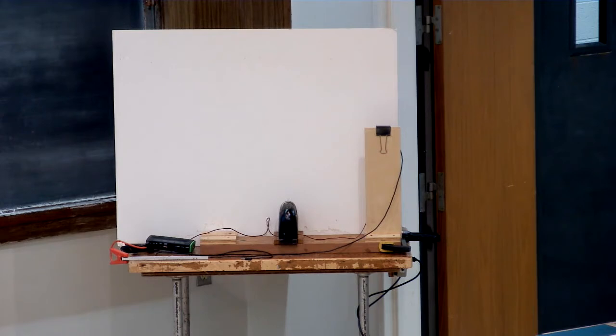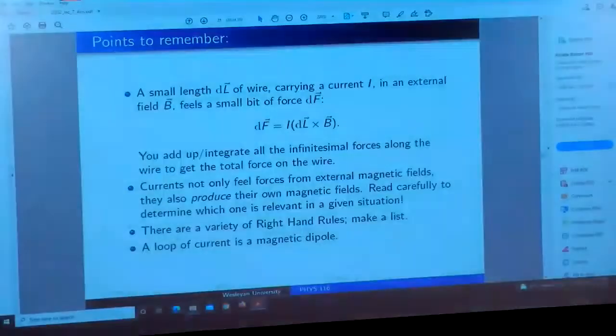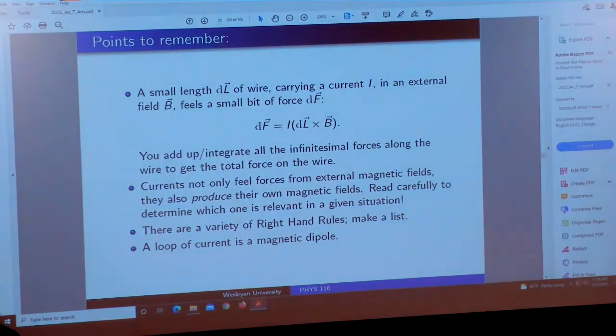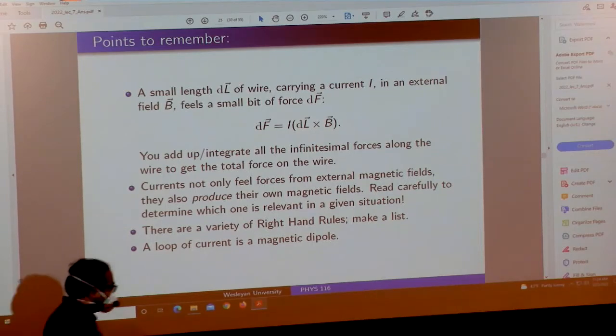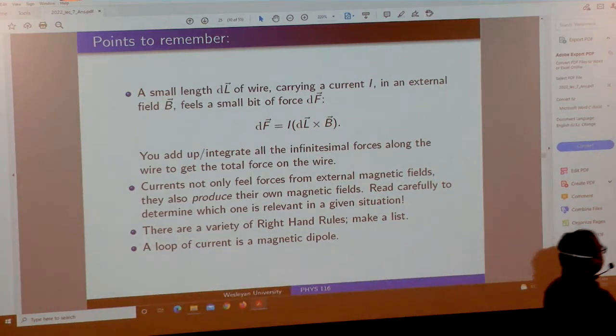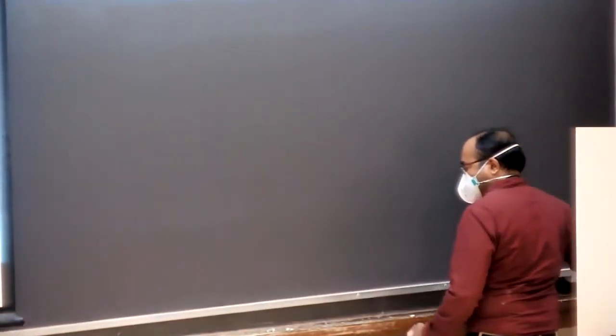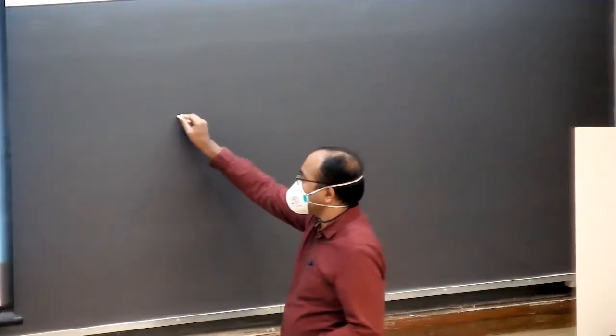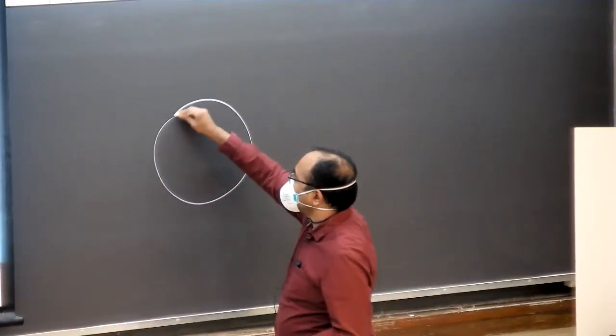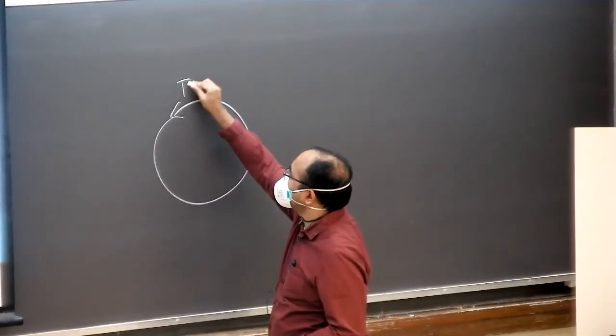So a loop of current acts like a magnetic dipole. Let's see that in a bit more detail on this board. Let's say I have a loop of current like this.